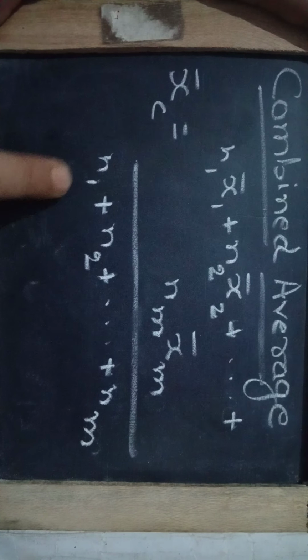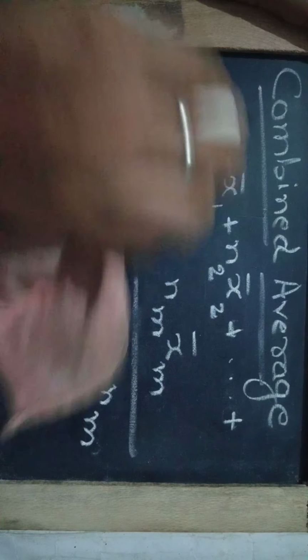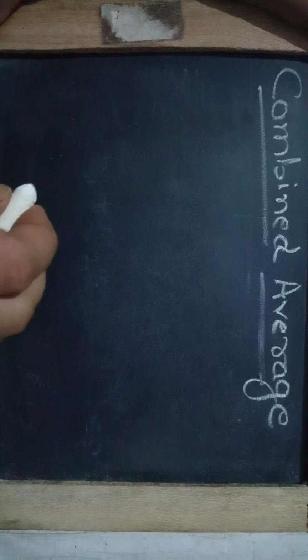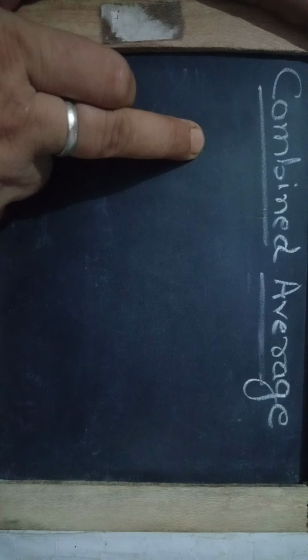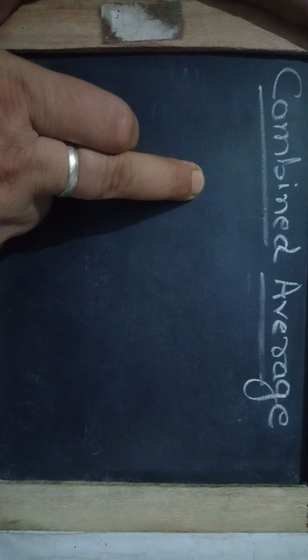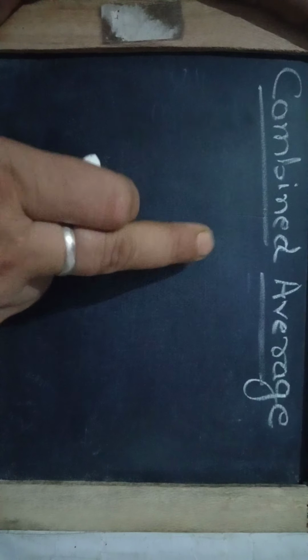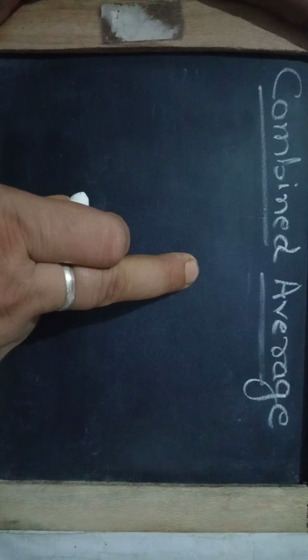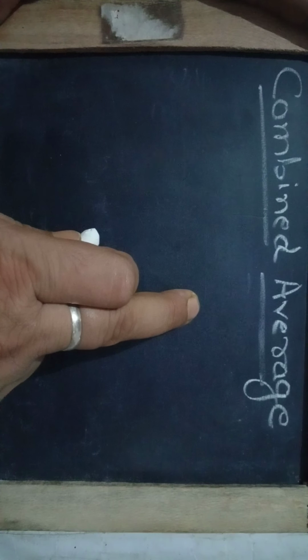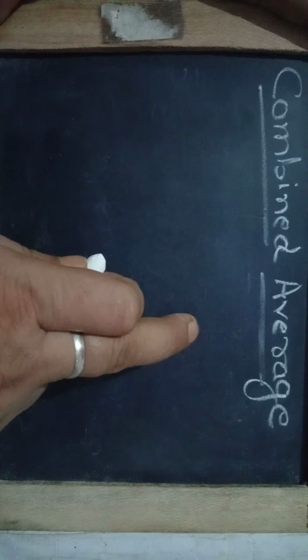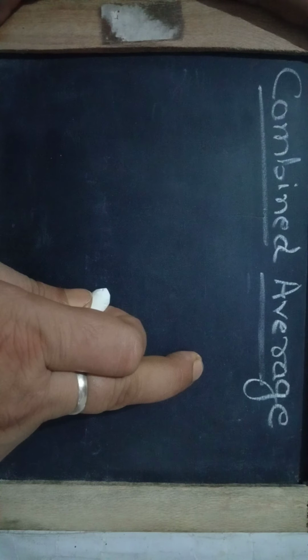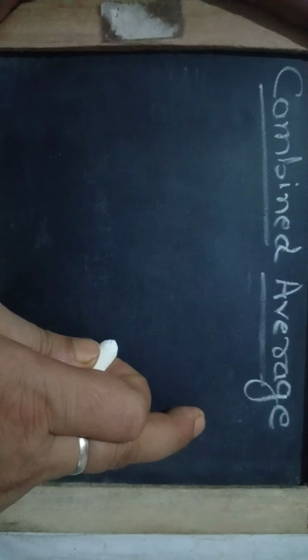We can understand this with an example. The example is: the average marks of 20 boys is 10 and the average marks of 30 girls is 25.